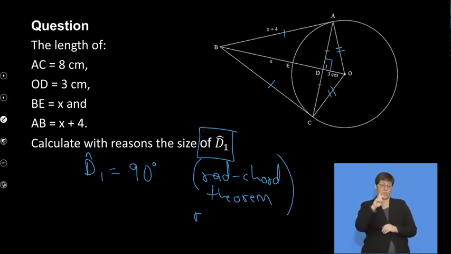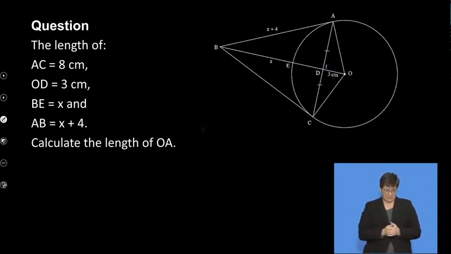And that's why D1 would be 90 degrees. You can go through the route of proving a kite first. It might just take you a while. Most of the time you'll see that this is 1 mark or 2 marks. Now, we also want the length of OA.